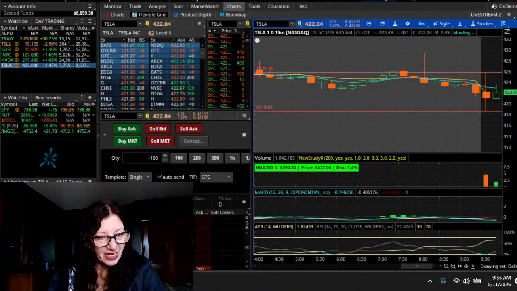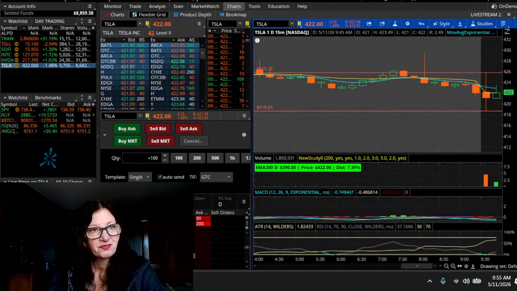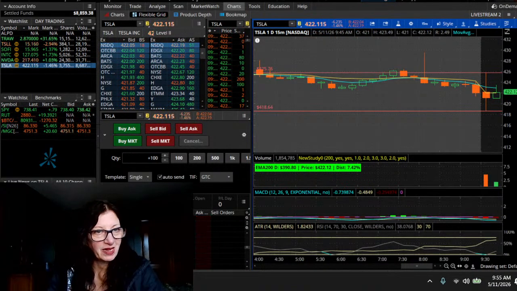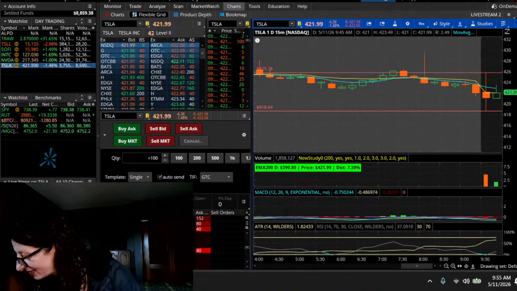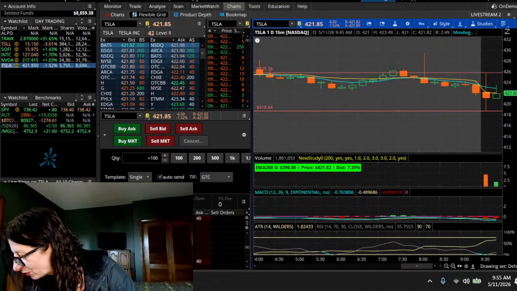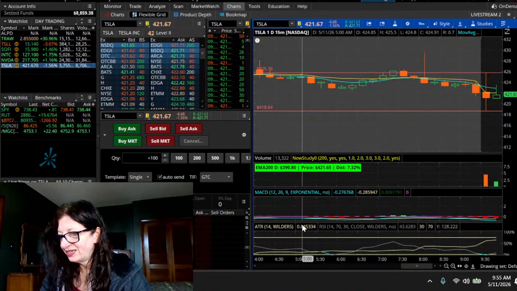So for me, I'm open to expanding my strategy. I'm exploring. This open ATR is the value just right of Wilders, right here, right?